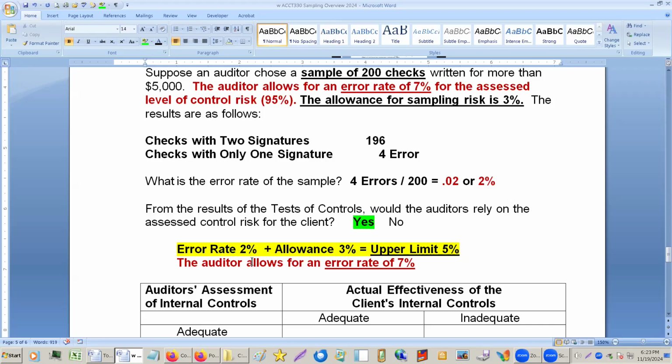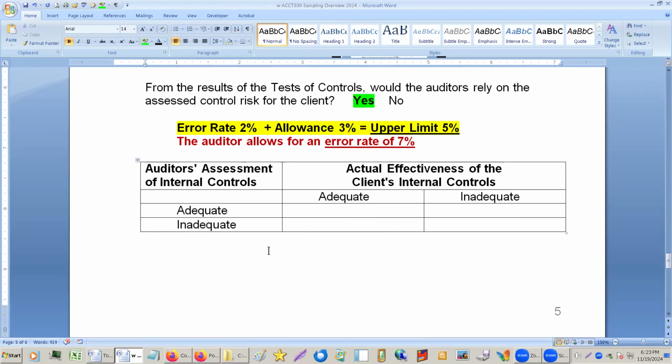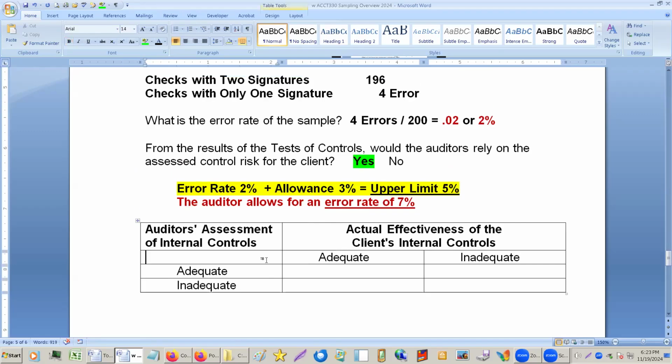Okay, so now here is kind of what, this is sort of like a table that'll show what are the possibilities of a sample. And, excuse me. So these are the auditor's assessment of the internal controls. I'm going to bold these. Okay, I don't know what I'm doing here. All right, so these are the auditors, and we'll make those like green.